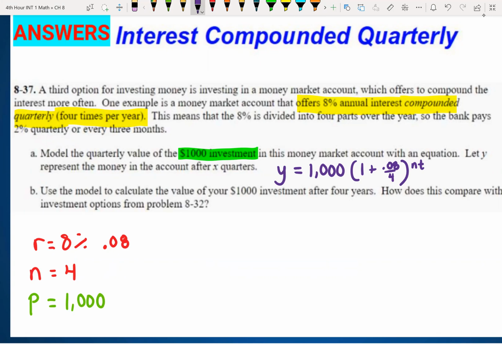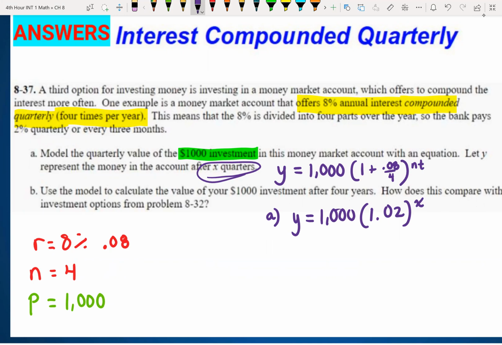But they're determining that your exponent x is the number of quarters. So instead of 4t or 4x here, we're just going to have x because x is not representing time in years. X is representing quarters. So our equation for part A, again, our final equation will be 1,000 times 1.02 to the x.